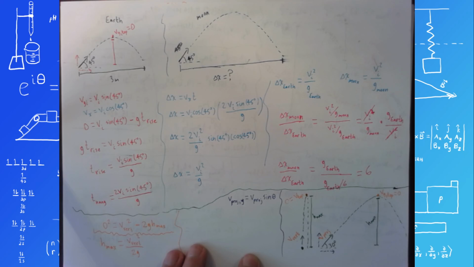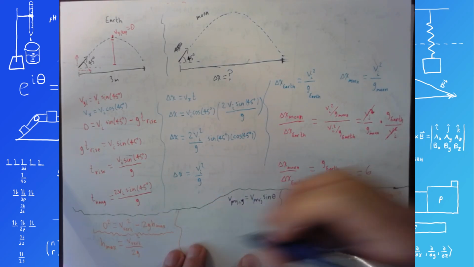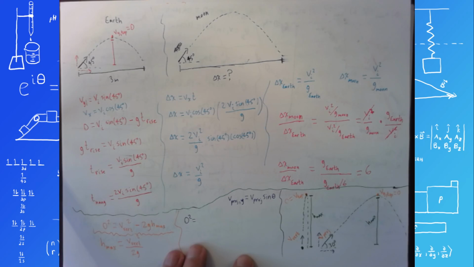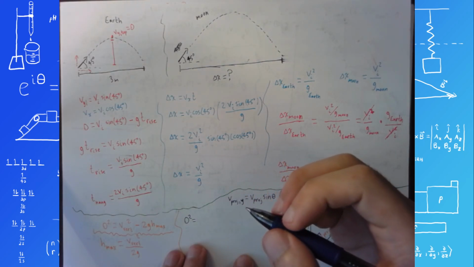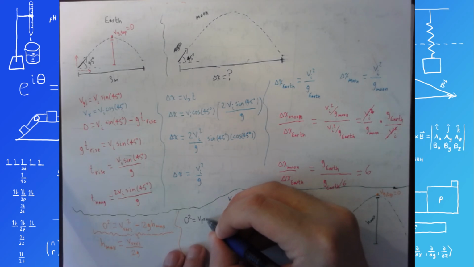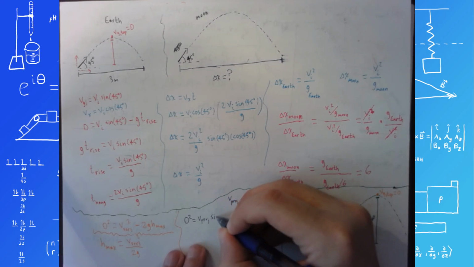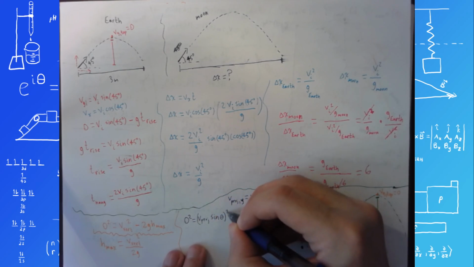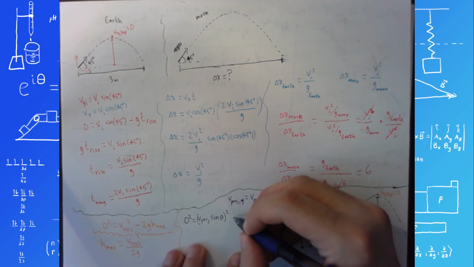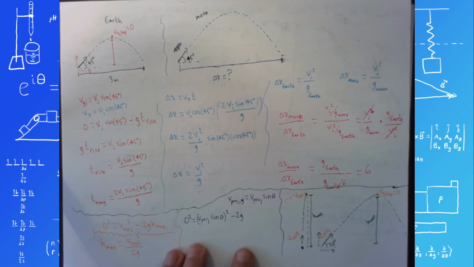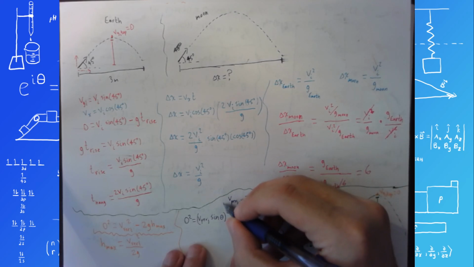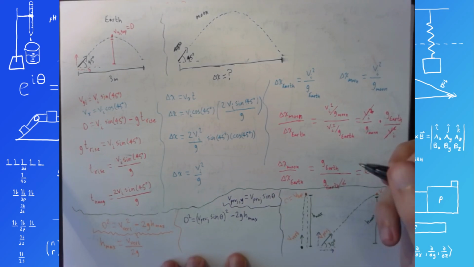So I'm going to then just use the third equation again. I'm going to do vy top squared, which is 0 squared, equals v projectile y squared. So that's going to be v projectile times sine of theta, the whole thing squared, and then plus 2 acceleration delta y, that's going to be minus 2g, and then the delta y, we require it to be h max.